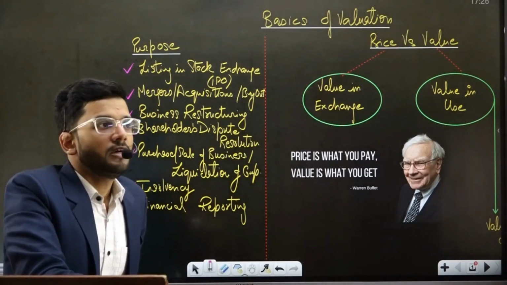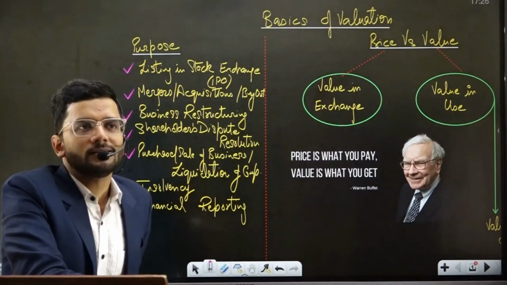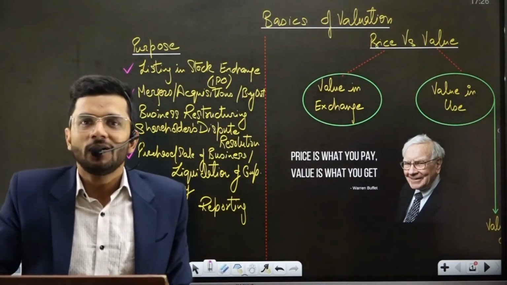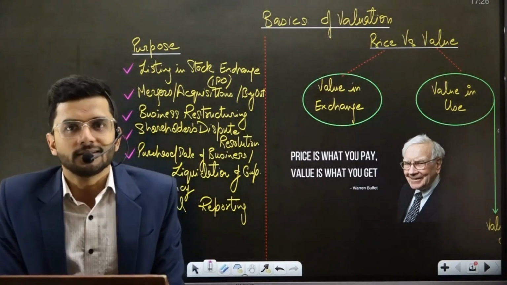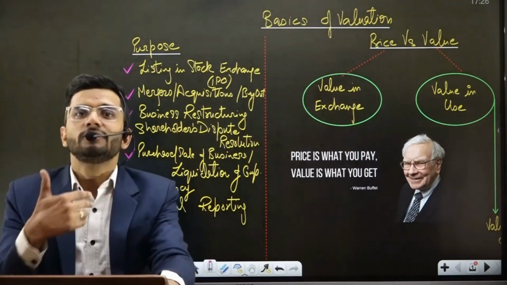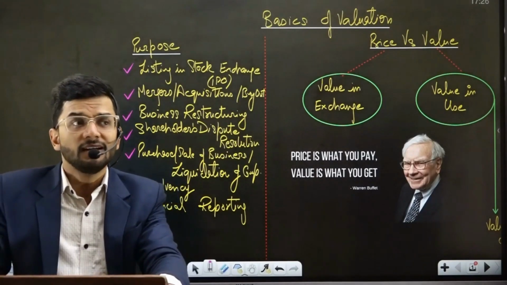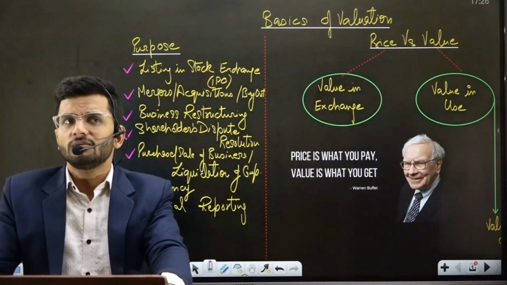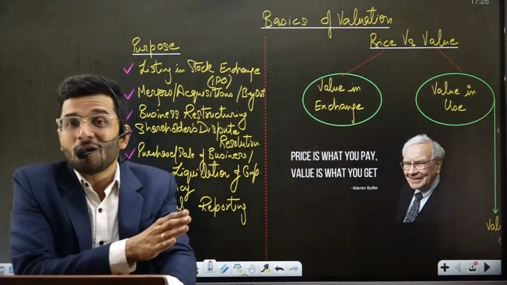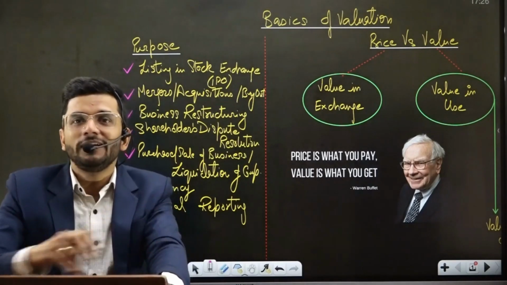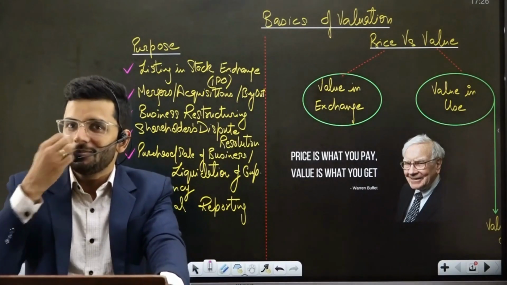Now imagine a situation where you are going to a market to buy some clothes, and suppose you like a cloth which is 100 rupees, and you tend to bargain with the shopkeeper, saying this good is not worth the price you are selling it for. In the other shop it's being sold for only 80 rupees, then why don't you charge only 80 rupees?